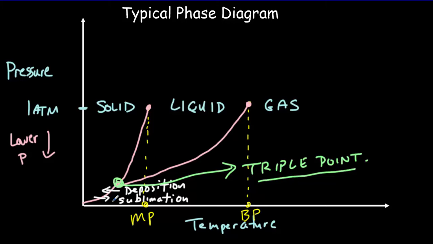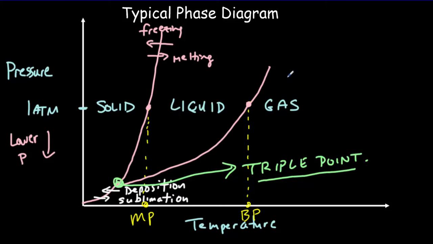That video is taken from the YouTube channel Coach K12. Now of course these two lines here will extend upwards, so we can go to even higher pressures than atmospheric pressure. And of course as we go from a liquid to a solid, we'd call that freezing. And if we go in the other direction, we'd call that melting. So if we're right along that line, any pressure and temperature right along that line, you would see an equilibrium situation where melting and freezing are taking place at the same time.